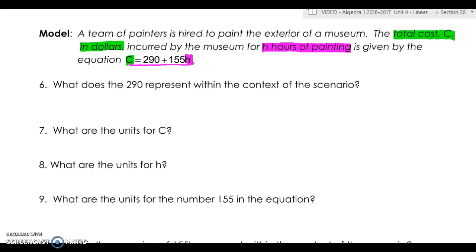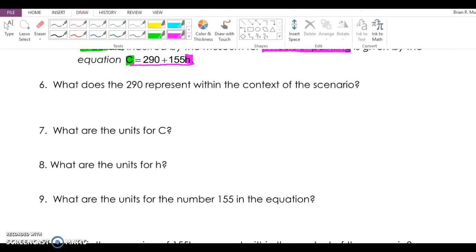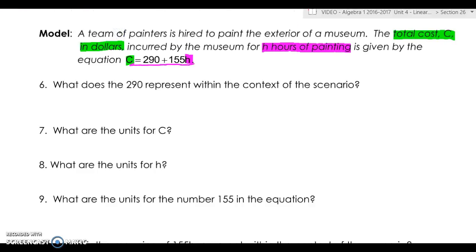What we want to know is what does the 290 represent within the context of the scenario. So that's our initial value, and I know that because it's not the number that's attached with the input. That number is 155. So we know that by hiring these painters, they're going to charge us $290 plus $155 for every hour that we work. So what does the 290 represent?